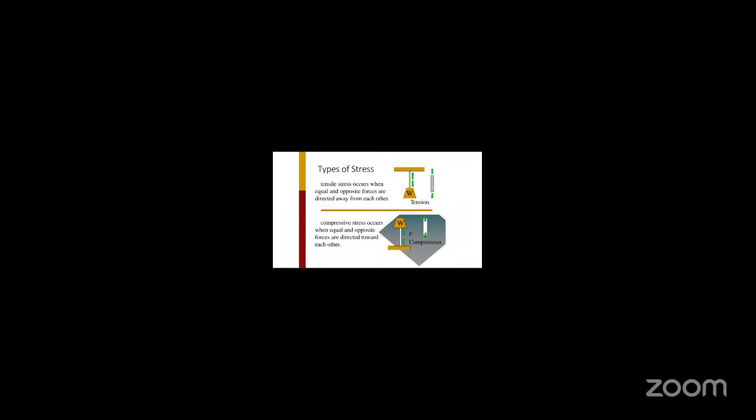Tensile stress is when you apply opposite and equal forces moving in a direction away from each other. That is stretching an object. Then compressive stress is when you are trying to bring together a stretched object, so equal and opposite forces again, this time moving in towards each other. And we solved some examples up to this point.